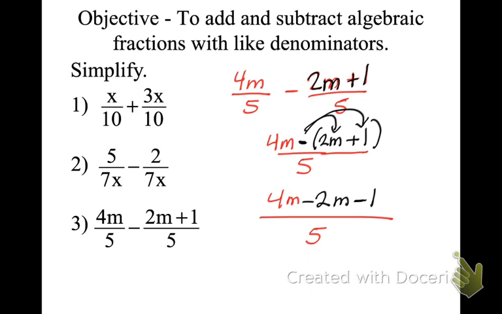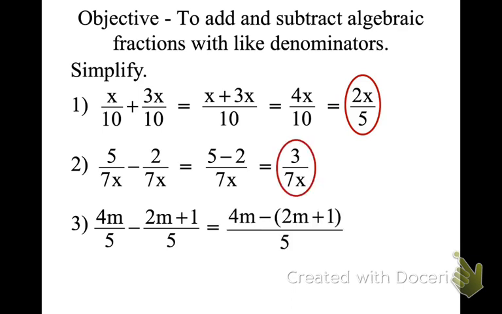So, Andrew, 4m's minus 2m's make how many m's? 2m's minus 1 all over 5. So is everybody understanding that we have to distribute that numerator to the entire second fraction? Okay, questions? Okay, all right, let's try some more.